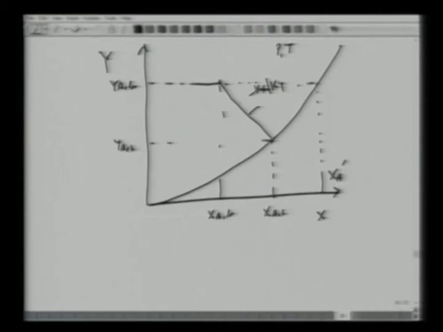We will call it xa star. So what is xa star? It's the equilibrium concentration in the liquid phase given the bulk concentration yab. Similarly, given this xab, we can get another concentration here, which we call ya star. So what is ya star? It's the concentration in equilibrium with xab.